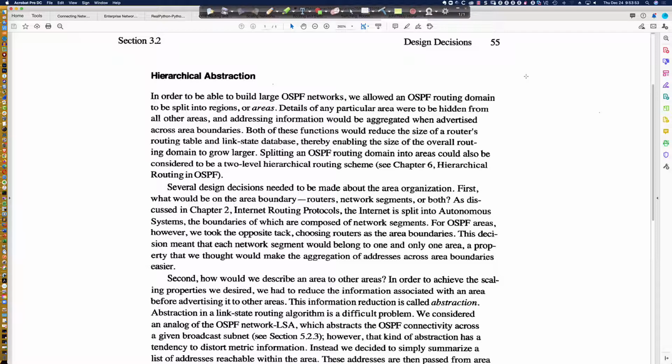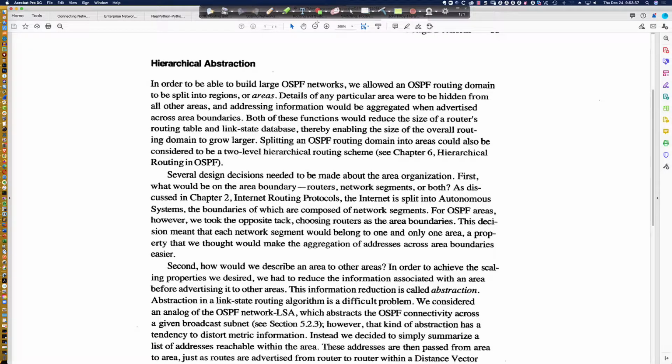That is not what the blue book is about. Page 55 here talks about hierarchical abstraction. And it's all about, in order to build large OSPF networks, we allowed an OSPF routing domain to be split into regions or areas. That is why. This was the original reason behind it.